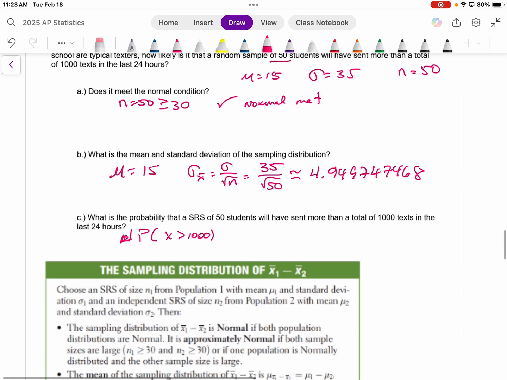I was trying to speed up to get this part in here. They're telling us that 50 students would have sent a total of 1,000 messages. That's for 50 students. We need to figure out how many messages for one student. So what is 1,000 divided by 50?